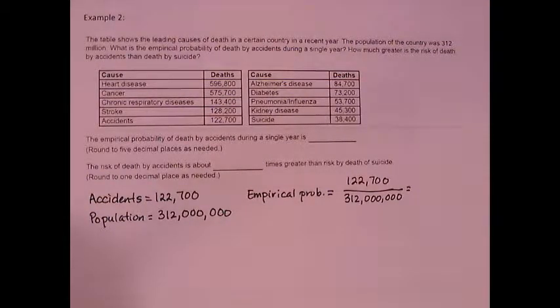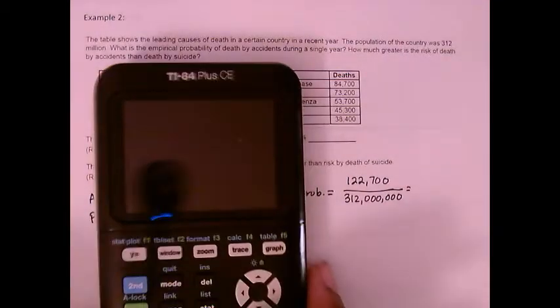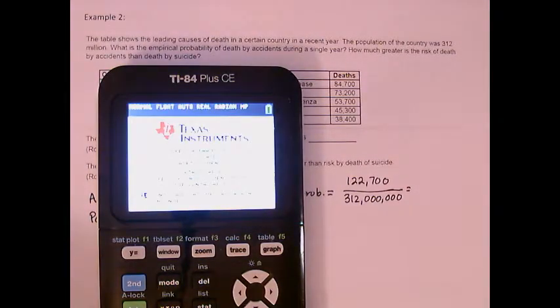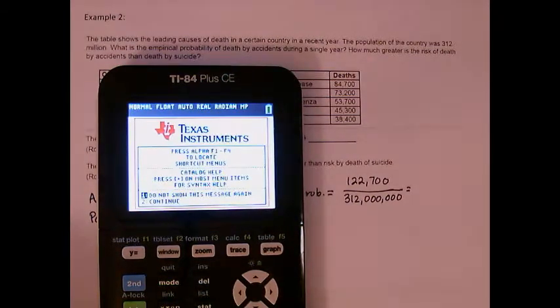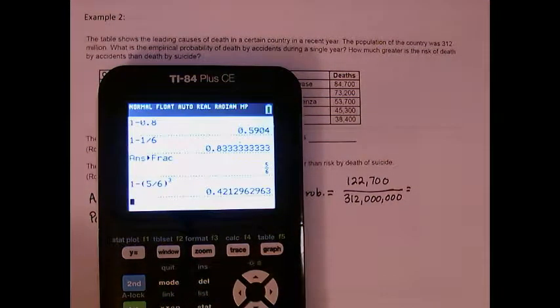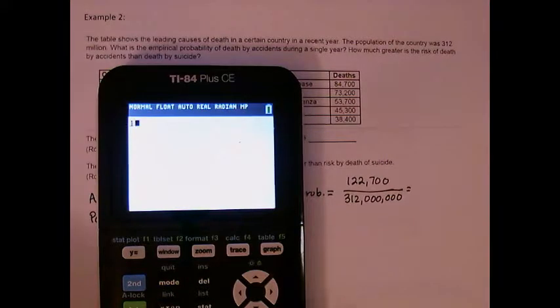And I think I can do this on this calculator here. And usually it depends upon what type of calculator you have, the 83 or the 84. Here I've got the 84. So if I do 122,700 divided by 312 with 6 zeros behind it, it's going to give me that as a number in scientific notation.